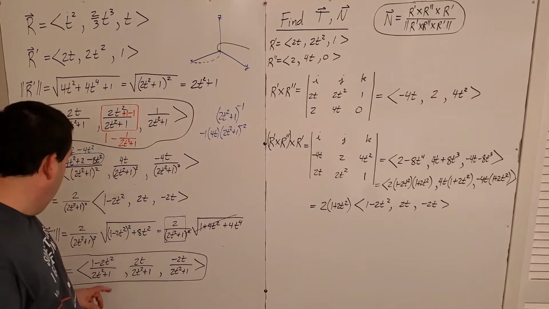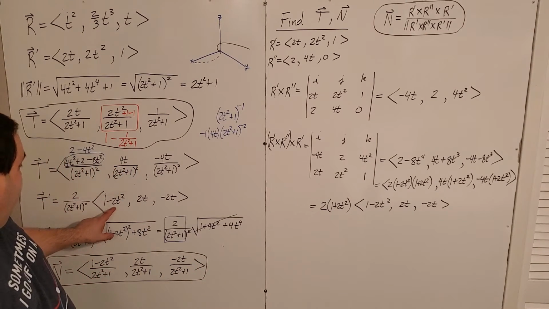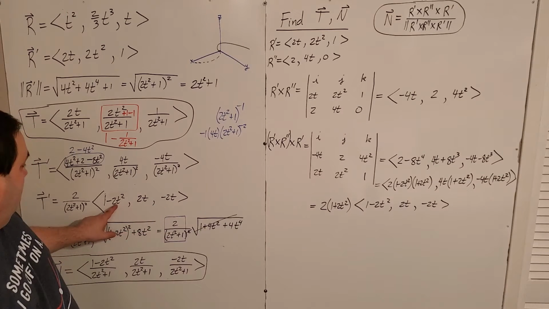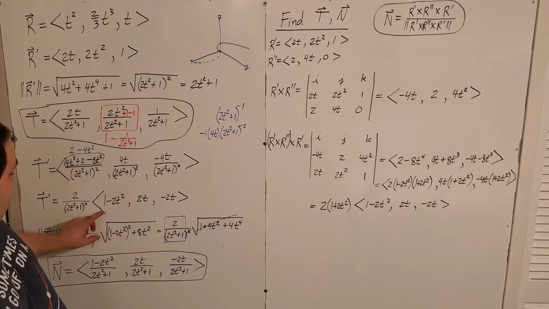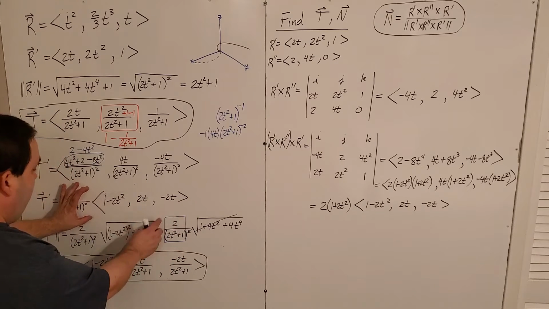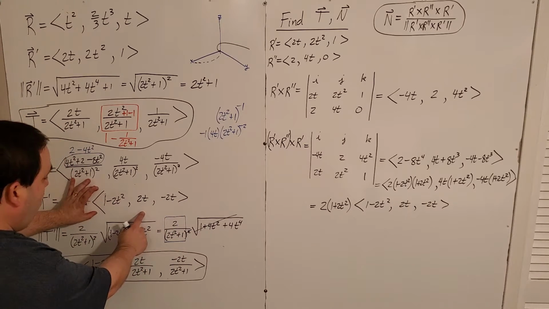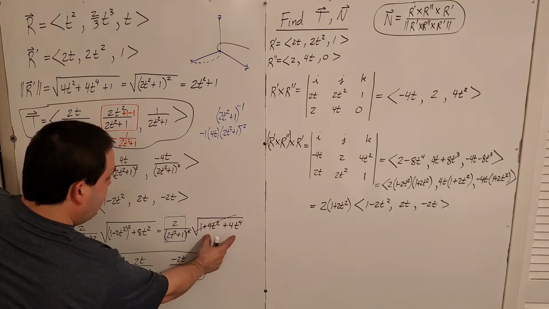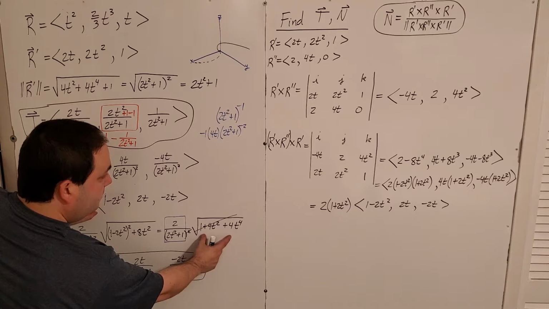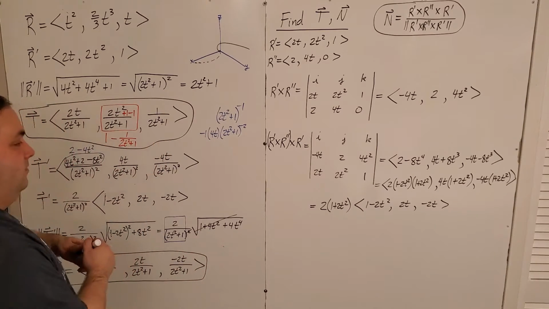Well, we already did that, right? Here's that vector right here, okay? The length of just this portion was this, right here.